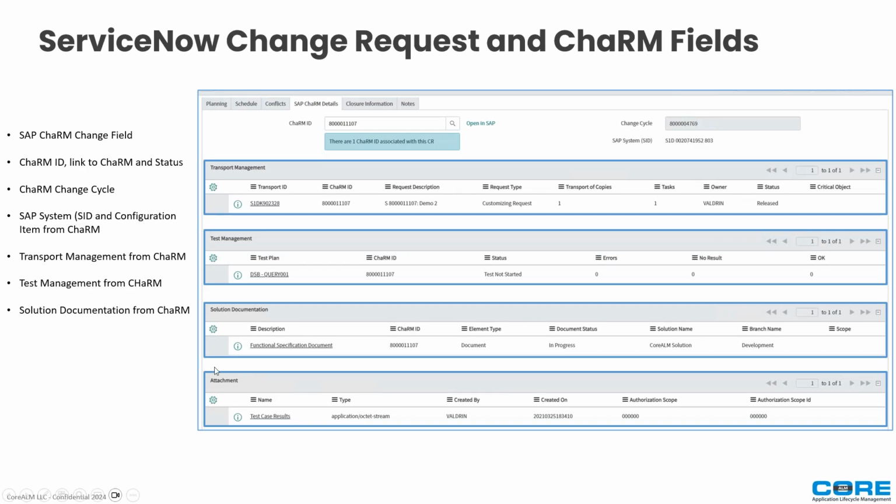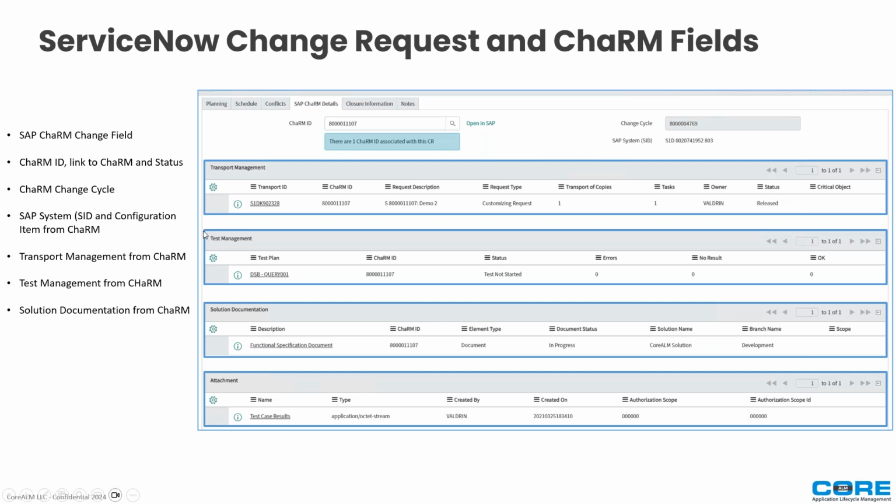When a change is created in ServiceNow and then the corresponding charm document is created, what we're displaying here is the data that's visible in ServiceNow. For many customers, the system of record is going to be ServiceNow because it's enterprise-wide for SAP and non-SAP changes. Therefore, what we have done with the tool is that for at least 4 major areas in Solution Manager, when those are populated, for example, if we add a transport to a change document, we're going to display that information in ServiceNow.